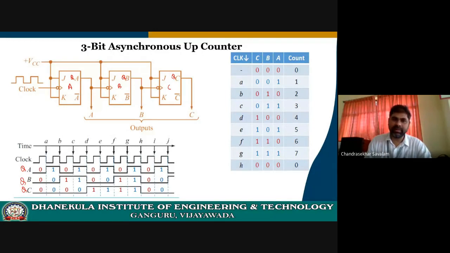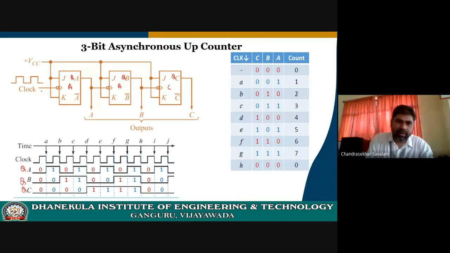So there is a delay in asynchronous counters, because whether one flip-flop is on or off depends upon the previous output. Again, whether the C flip-flop is on or off depends upon the previous QB. Fundamentally, you can recognize whether a given circuit is synchronous or asynchronous simply by observing the clock.